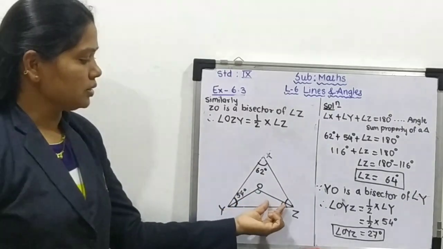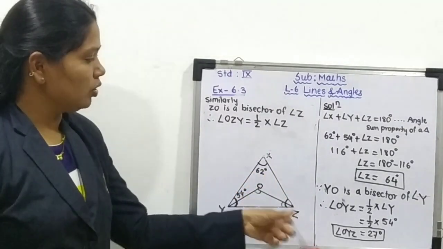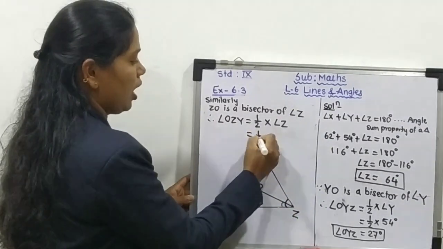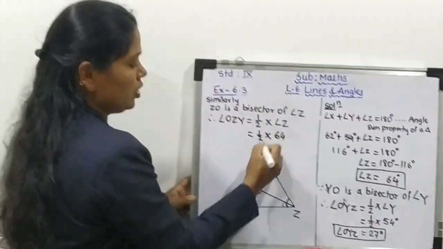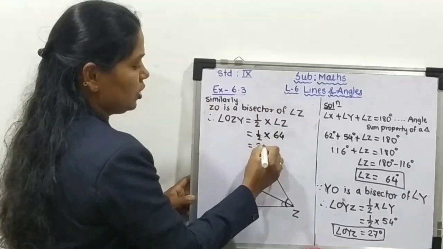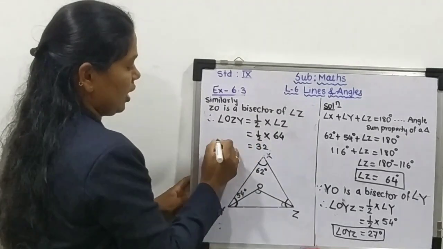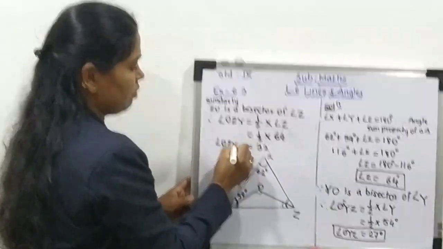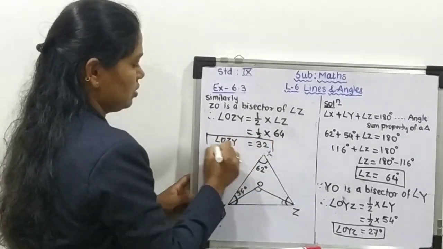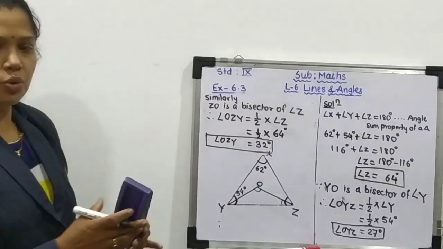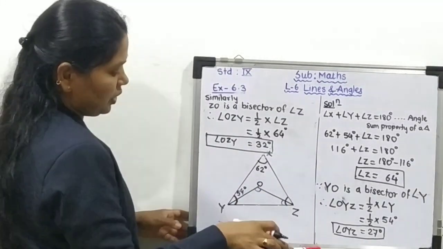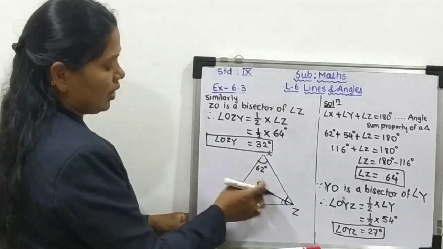This angle will be half of the whole angle. So half into the Z angle we got 64. So this is what? 32 degree. Angle OZY. So one angle we got, right? 32 degree.